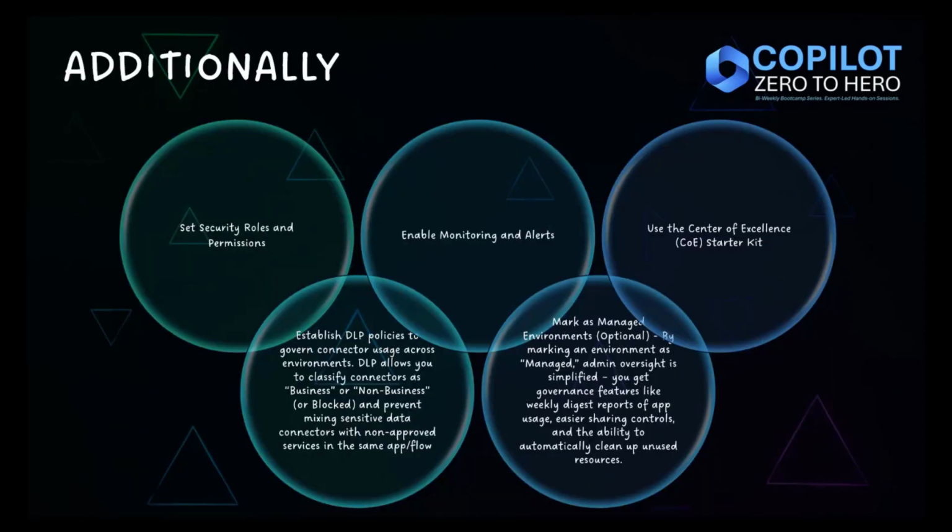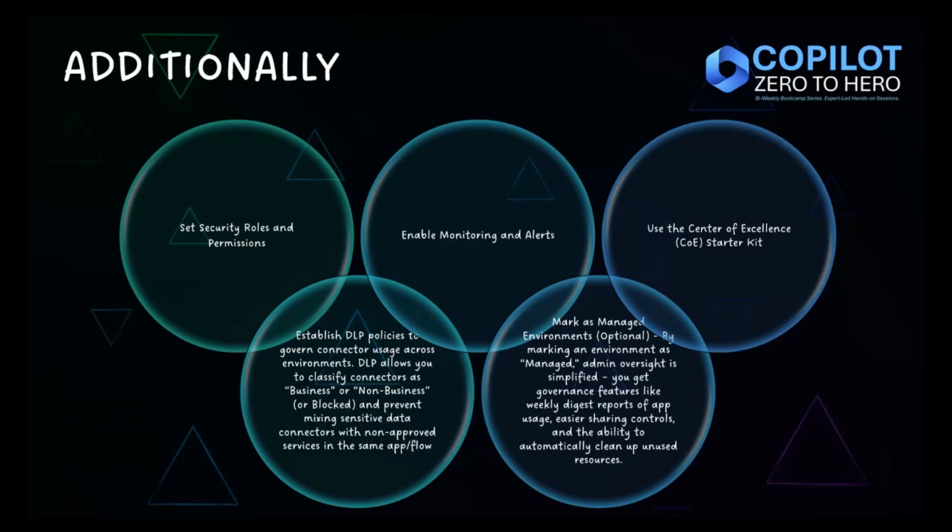So just additionally, when determining or playing around with your environment strategies, things that are important to set up are obviously setting security roles and permissions, understanding who needs access to what and what that security looks like, enabling monitoring and alerts. You get some nice monitoring in the Power Platform Admin Center.